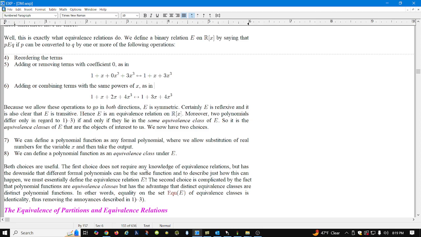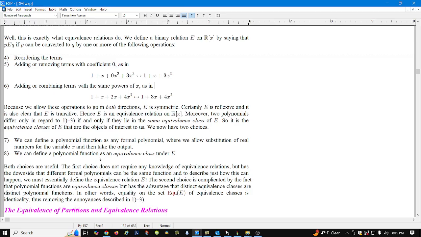And if somebody says to you, well, how does that happen? You're going to have to go through this whole thing we went through anyway. You're going to have to mention reordering the terms, adding or removing terms, adding or combining terms with like powers. So you're not really escaping a discussion of equivalence relations. You're just delaying it, or maybe hoping nobody will ask. So there's no free lunch here.